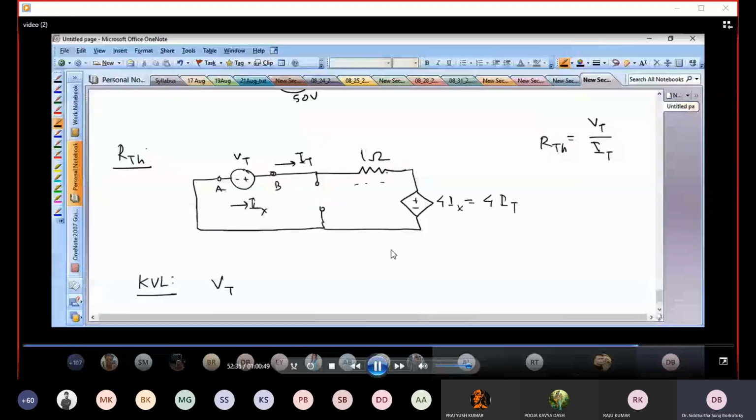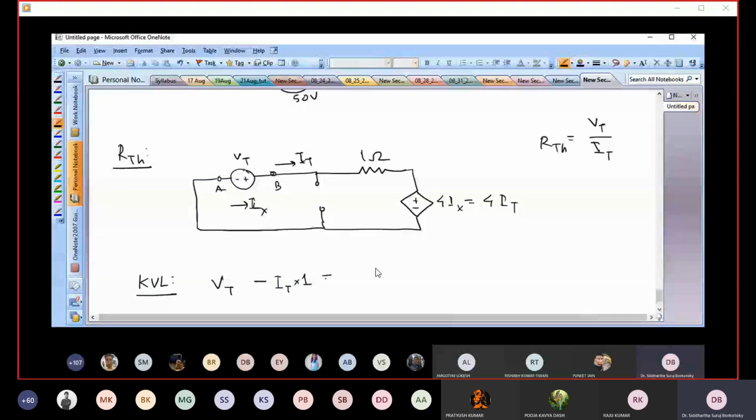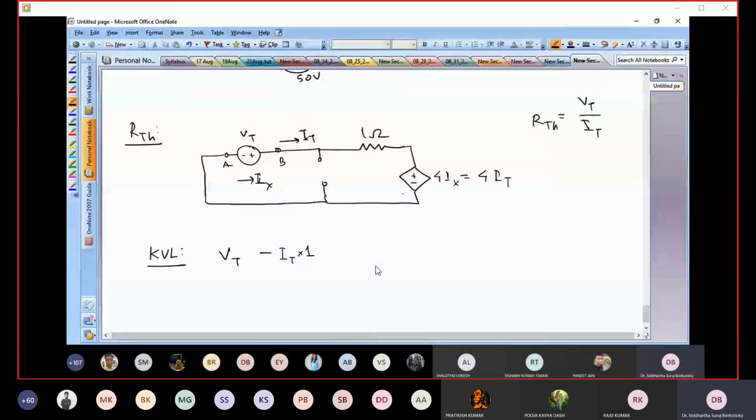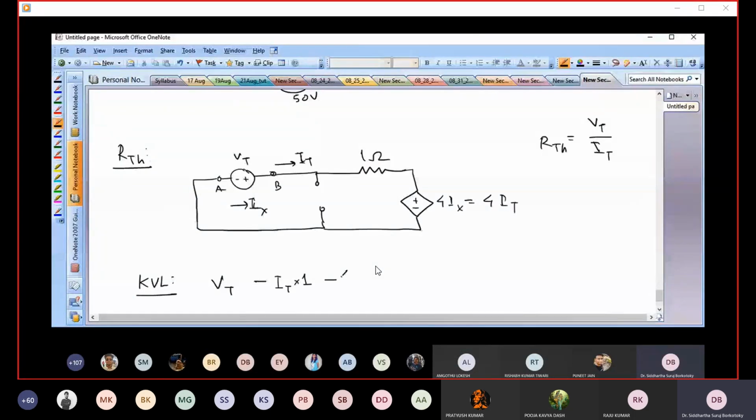So there's a voltage drop of IT times 1. 1 is from 1 ohm. And then as I move in this direction further, there's another voltage drop of 4 IT.